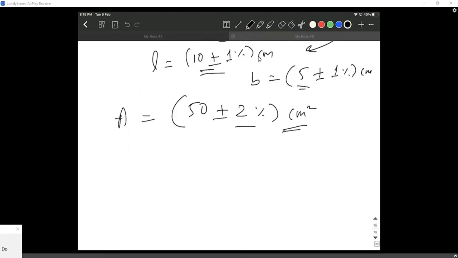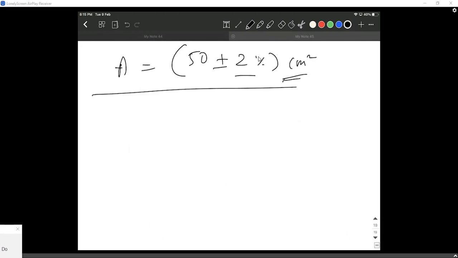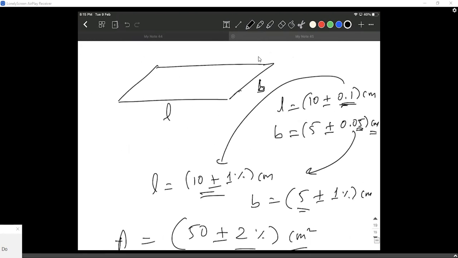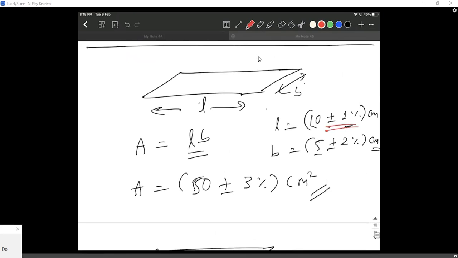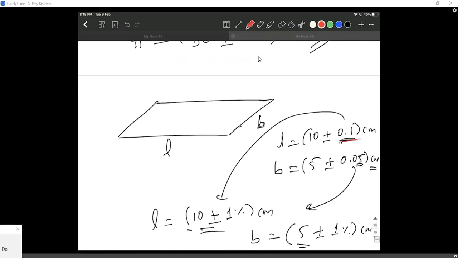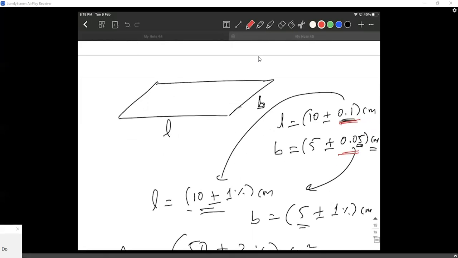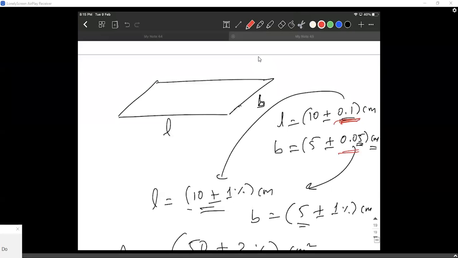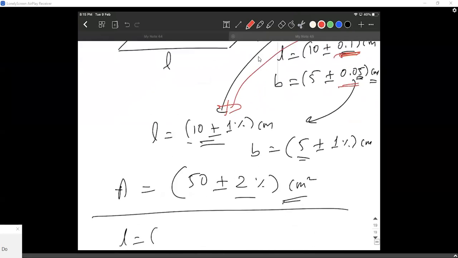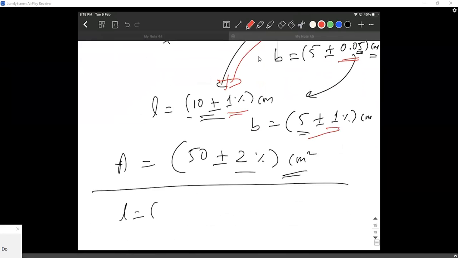So yeah, guys, be careful. Sometimes they might directly give the errors only in the problem, and they don't give the percentage. The direct error has to be converted to percentage error to use this formula for directly adding the percentage errors.